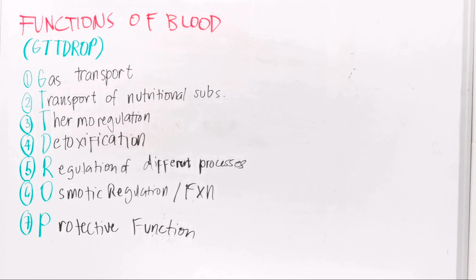Functions of blood, we have GTT drop: gas transport, transport of nutritional substances, thermoregulation, detoxification, regulation of different processes, osmotic regulation or function, and protective function.